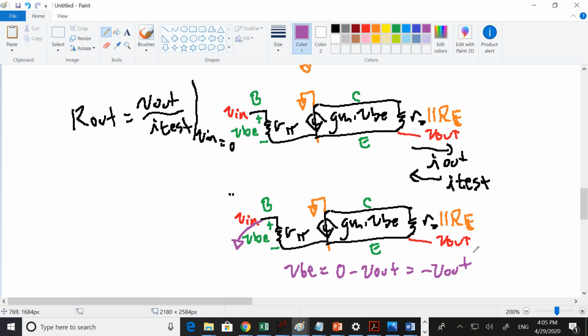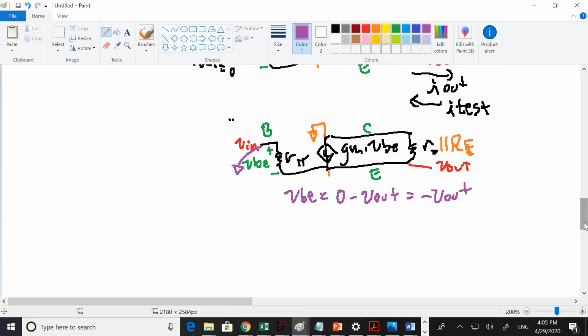Okay. So that's the first thing to notice. And I don't see any 0 volts across resistors, and VBE is not 0 anymore. It's not 0 because V out is not 0. One simplification I have here is, let's look at the voltage from here to here. So this node is 0, and this node is V out.